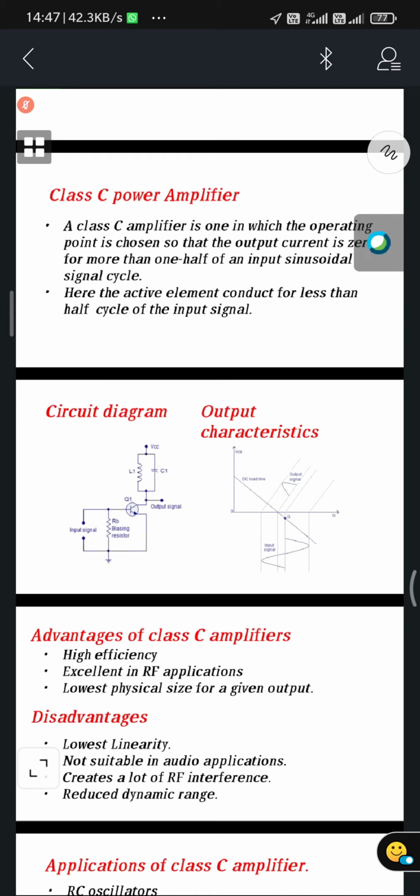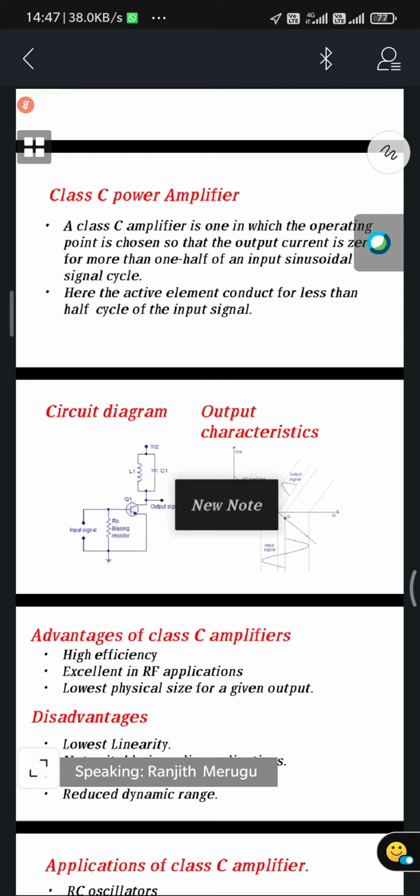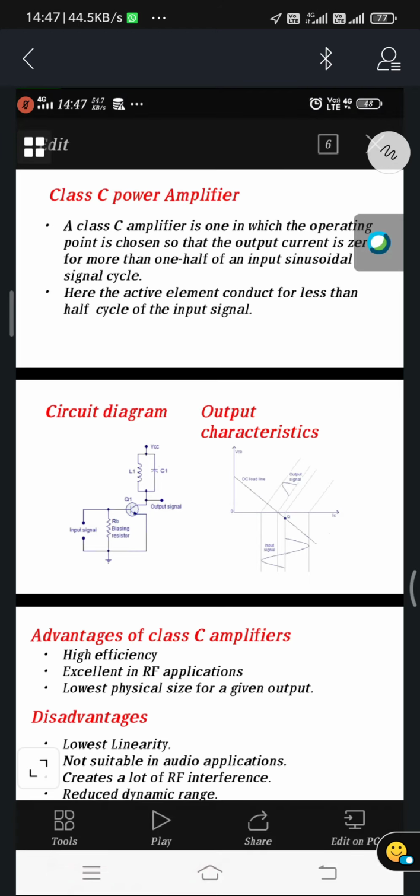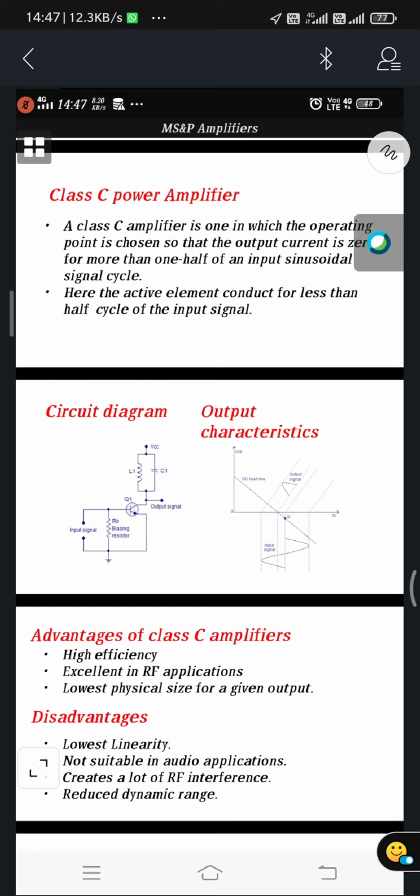Now listen to the question, everybody. For the class C power amplifier, what is the conduction angle? The options are: option A 360 degrees, option B 180 degrees, option C 270 degrees, option D 160 degrees.